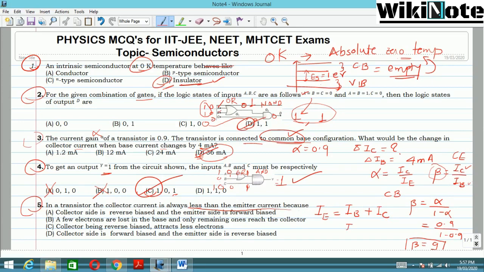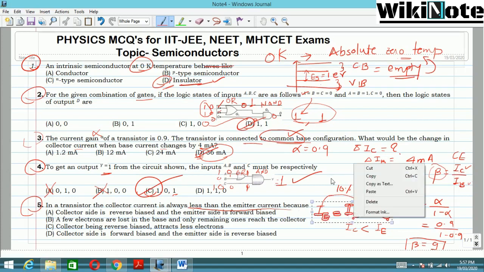The value of collector current is always less than the value of emitter current. Keep in mind guys that whenever electrons are emitted from the emitter side, almost 90% of the electrons get caught by the collector, but very few electrons, almost 10%, combine in the base region, and there is formation of a base current.